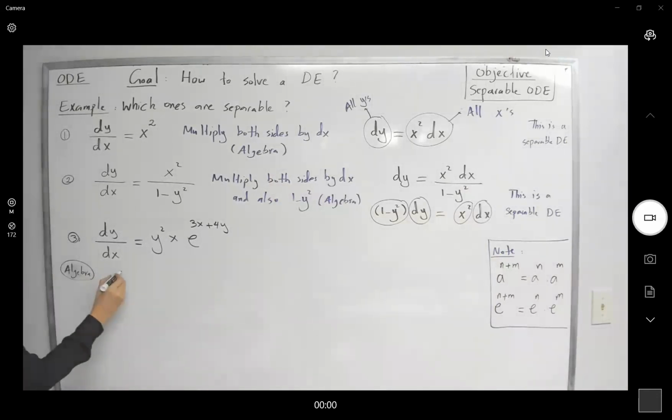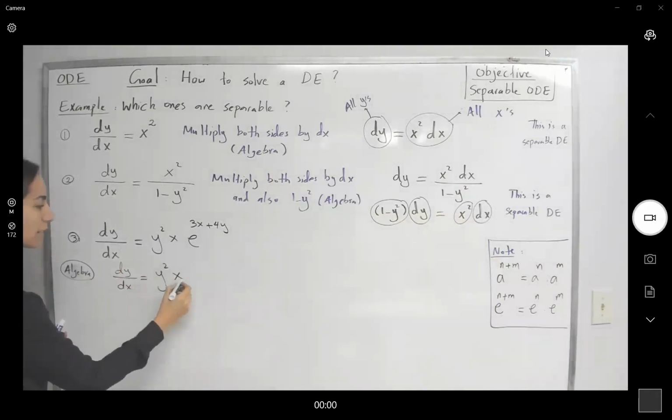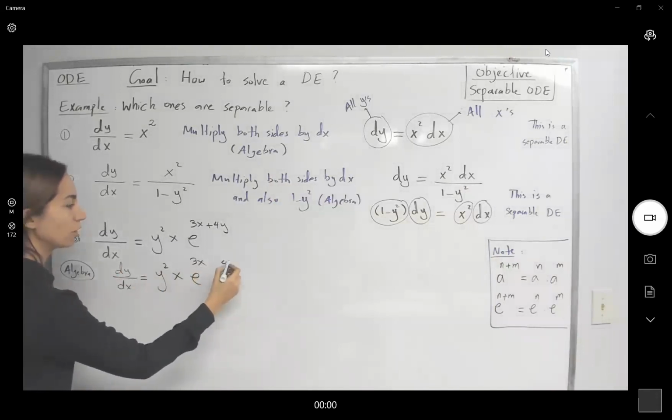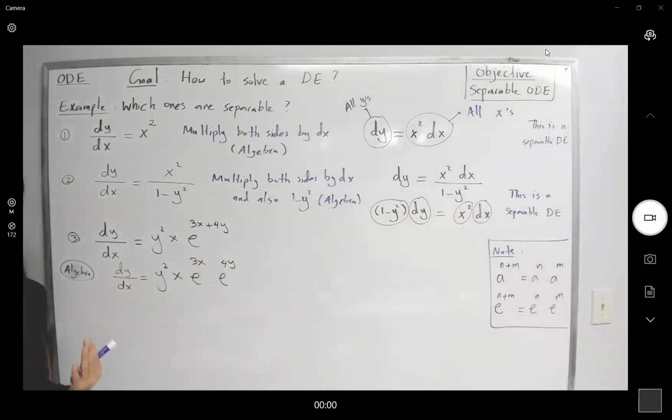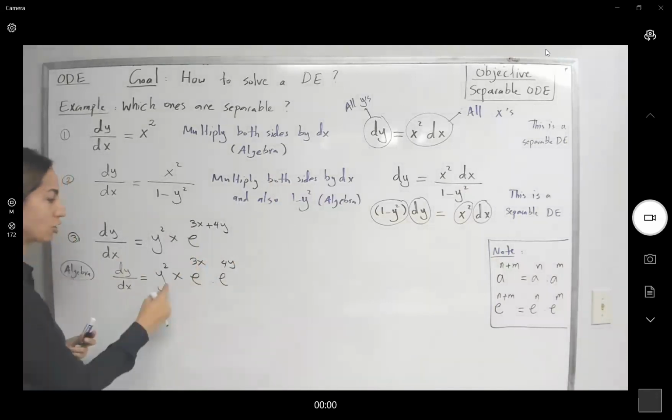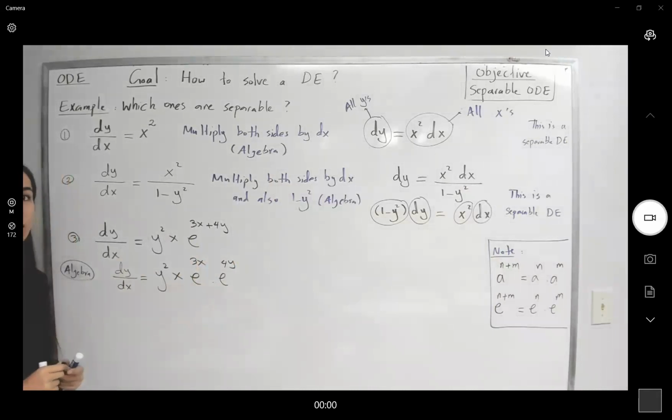On the left-hand side, we have dy over dx. On the right-hand side, we have y squared x e to 3x times e to 4y. You can see that all of these functions are just multiplied together. So can I separate these? Let's try. First, get rid of the denominator, dx.